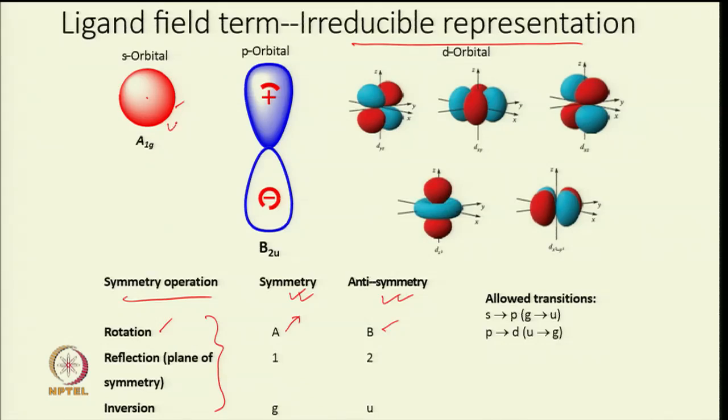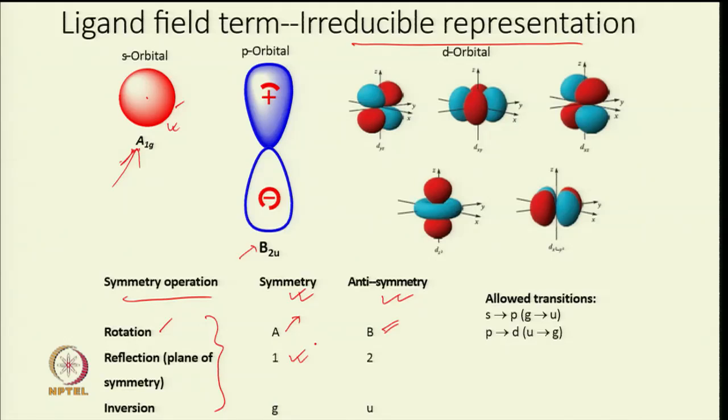For example, s orbital is symmetric with respect to rotation, and so it has been given the name A, whereas p orbital is not symmetric with respect to rotation. If you rotate, plus will come here, minus will go up, and so it is no longer the same. So, with respect to rotation, p orbital is not symmetric, and that is why it will be given the name B. Now, the second symmetry operation is reflection, through a plane of symmetry. Again this looks symmetric, and so it will be given the name 1.